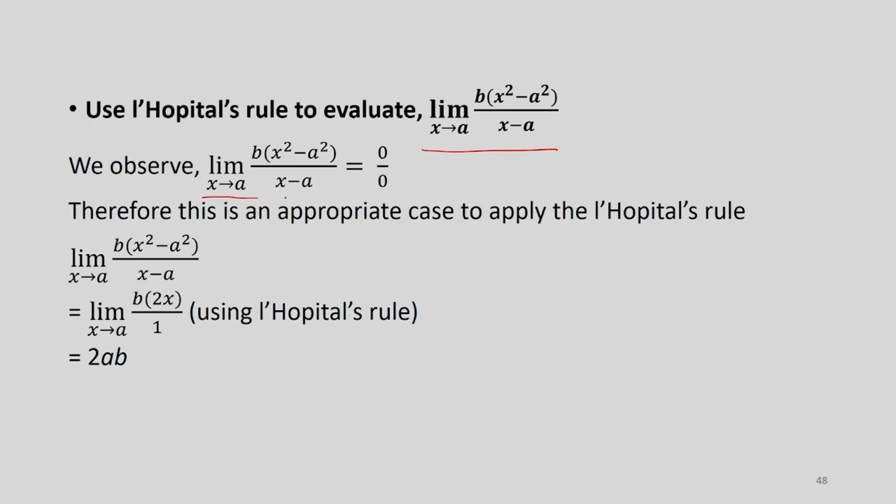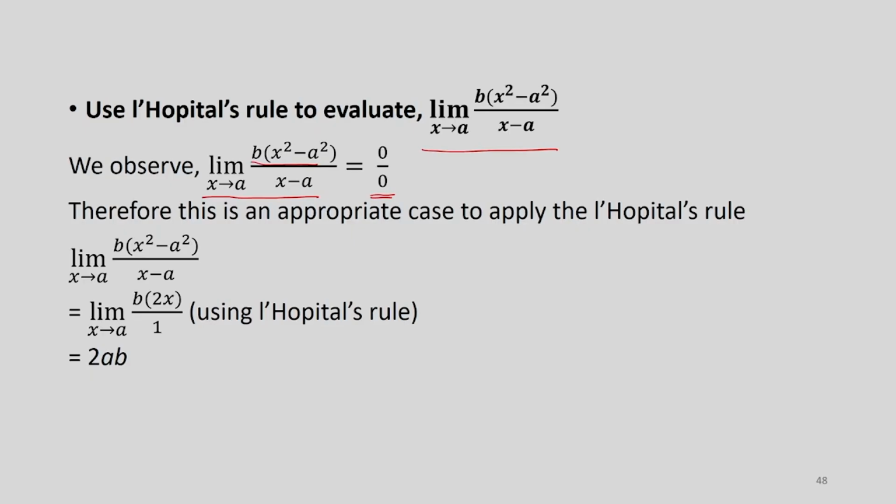Now, the specific problem with this particular limit is that as x goes to a, the numerator actually approaches 0 and the denominator also approaches 0. So, the entire function actually is approaching a 0 divided by 0 form.